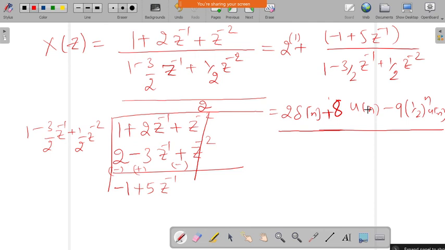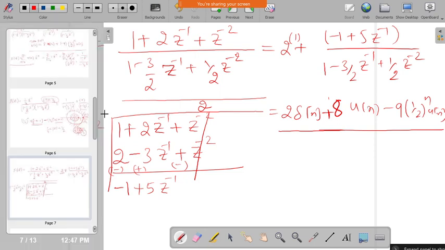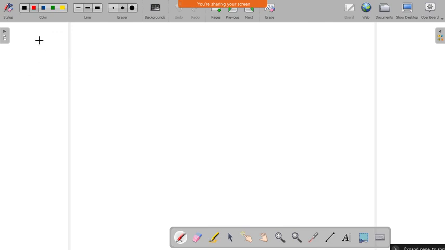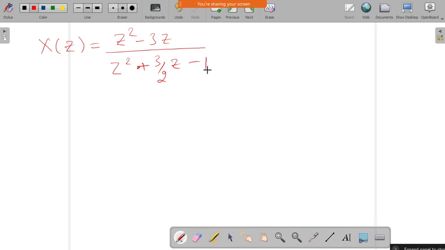Now try to do this one and get the result, and practice it. X of z is equal to z square minus 3z divided by z square plus 3 by 2 z minus 1.